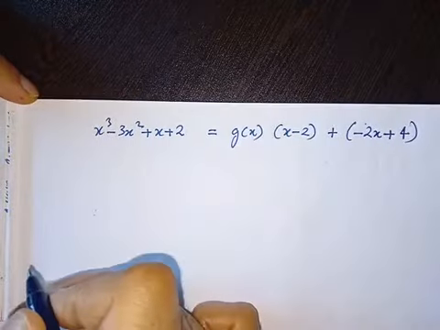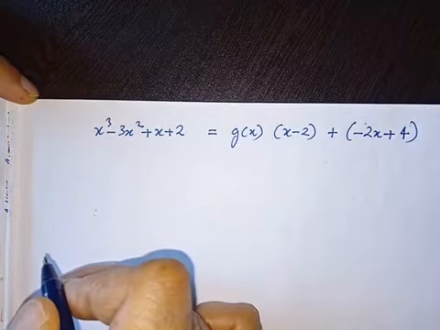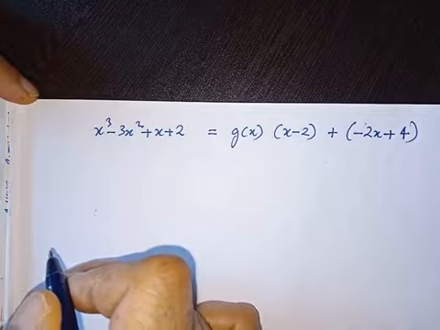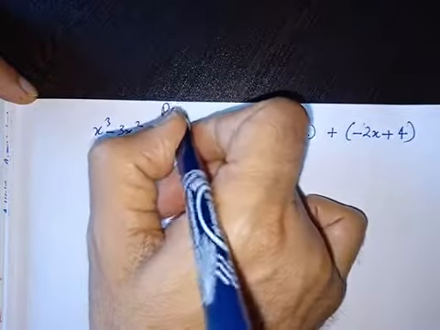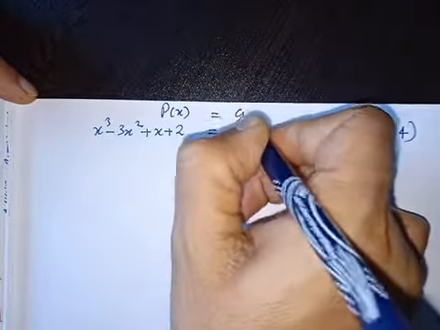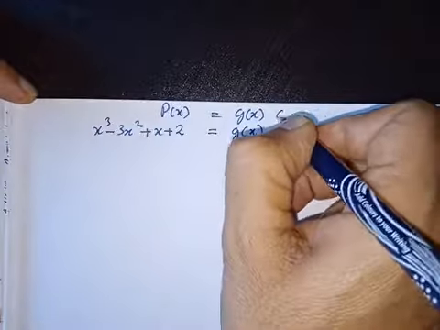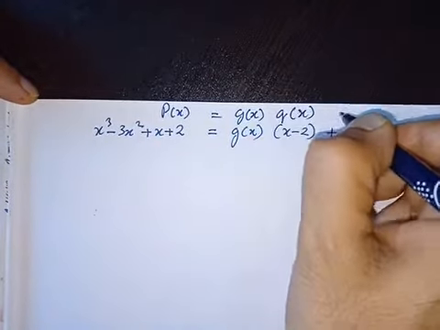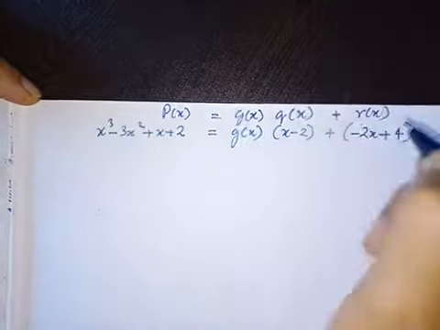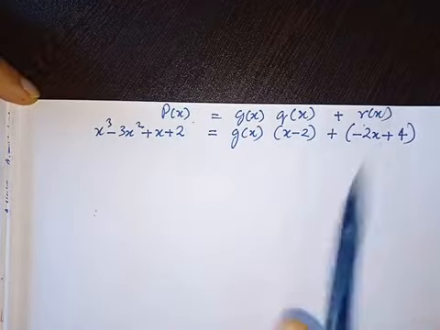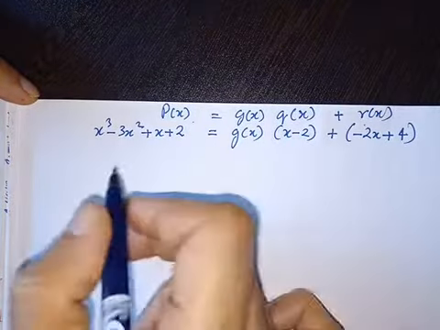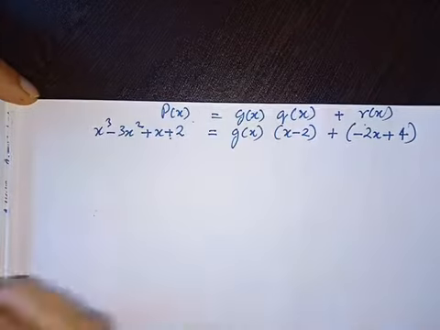So if you look at this equation written by me very carefully, you will find that this is px divided by gx gives you quotient qx and remainder rx. Euclid division lemma. So we have to find gx here.